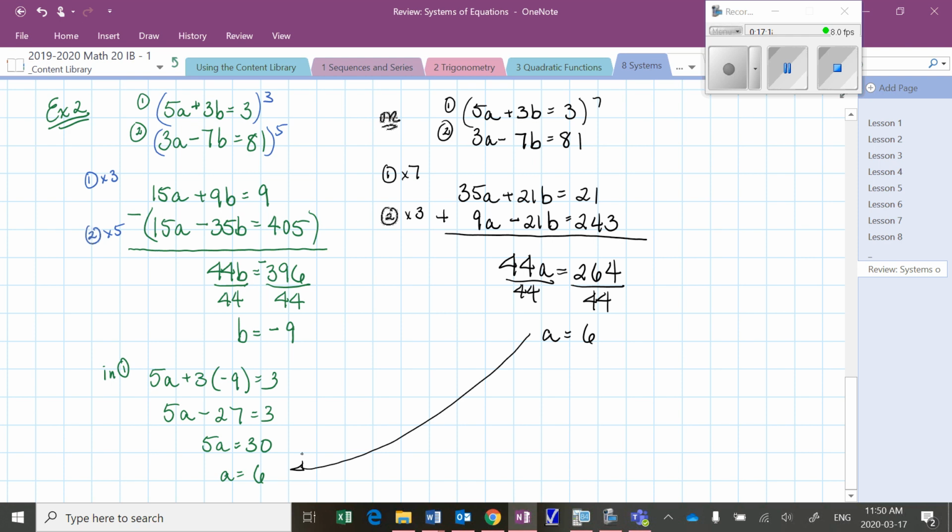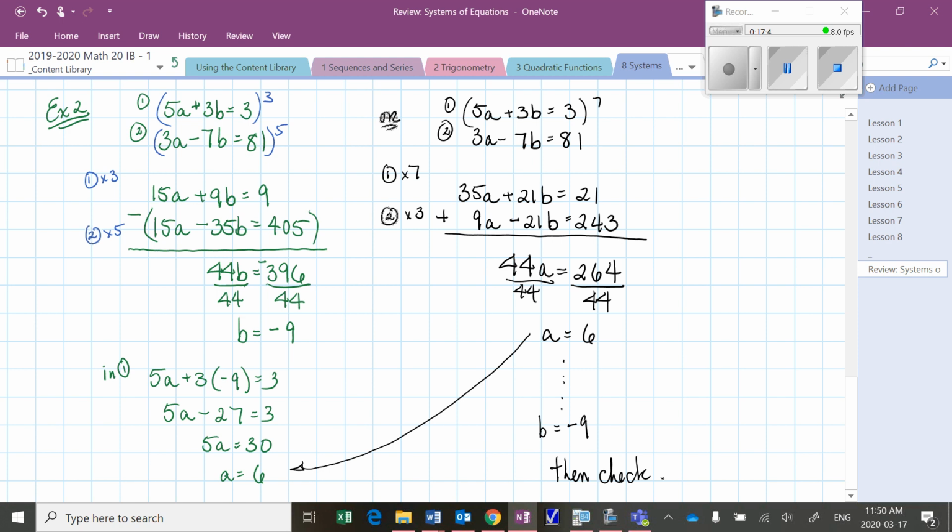And then we can substitute into either equation 1 or equation 2 to solve for b. Since you presumably know how to do this already, I'm not going to continue with that piece. So b we should find is -9, and then of course we're going to check.